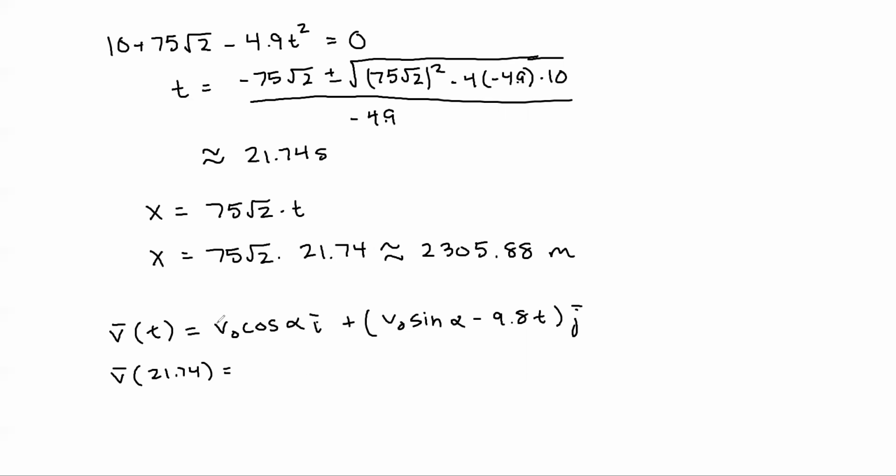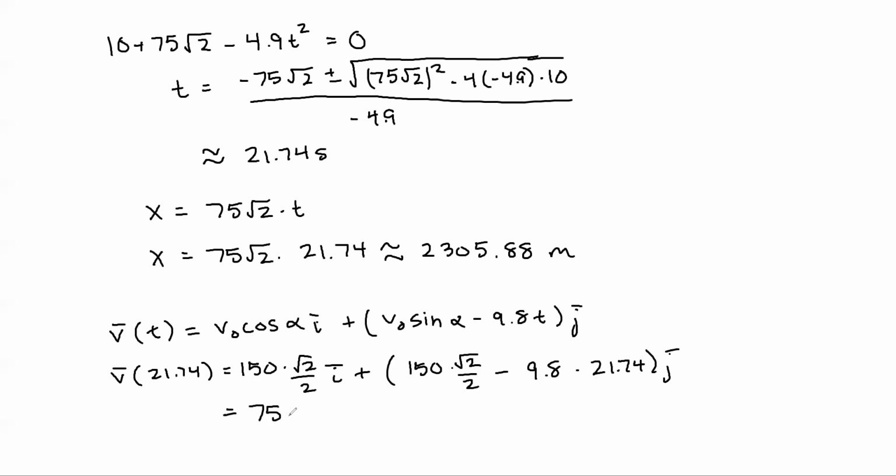Oh, wait, hold on, you do need to substitute in. So v naught is 150, cosine alpha is root 2 over 2. Here we're going to get 150 root 2 over 2, and then minus 9.8 times 21.74. If you simplify that, that's going to be 75 root 2 i plus 75 root 2 minus 9.8 times 21.74 j.